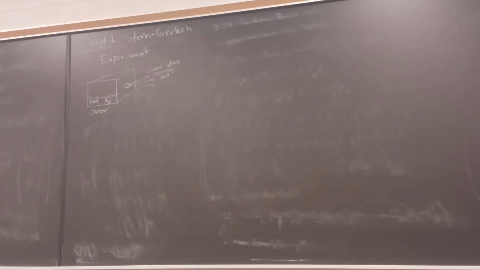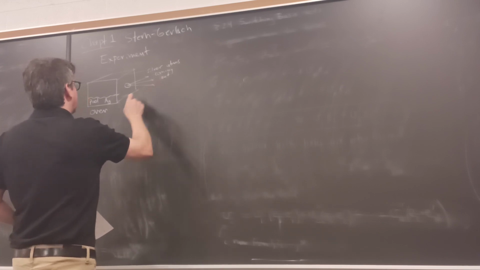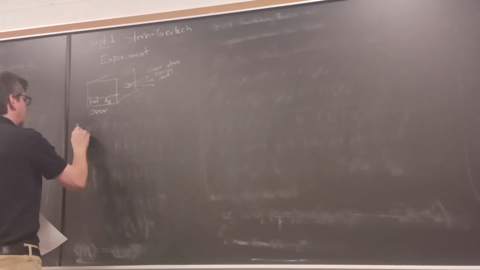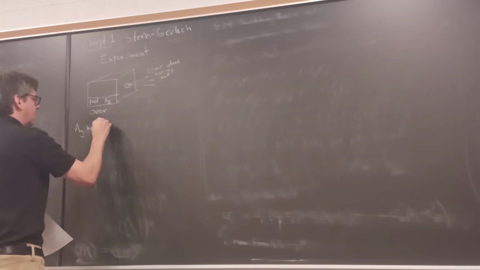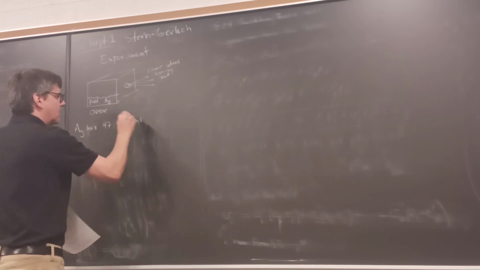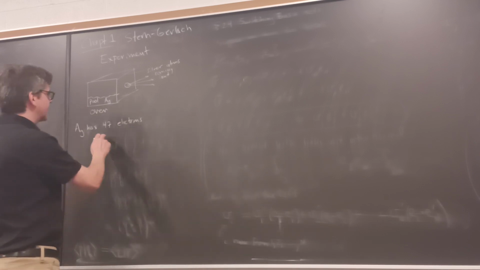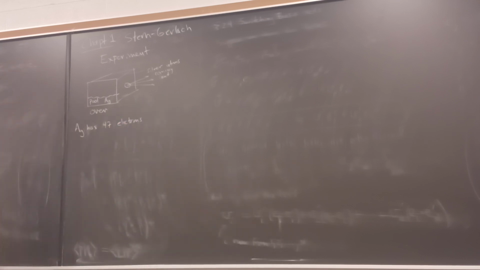Now, silver's atomic number, you can see back there, is 47. So there's 47 protons in the nucleus, and there's 47 electrons to balance the charge.